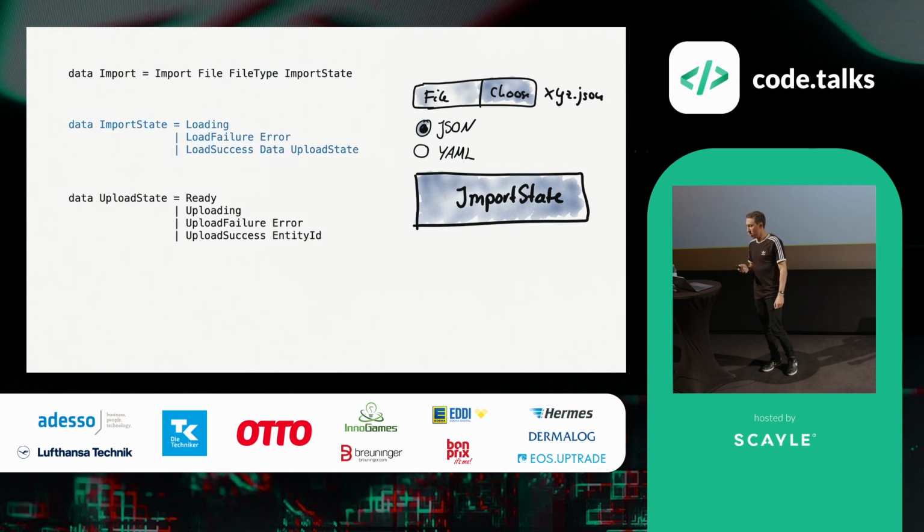Now the next box is represented by this more involved type again, and this is a sum type. We saw the product type, which means we have all these constituents at the same time. A sum type means you have either of them at any point in time.